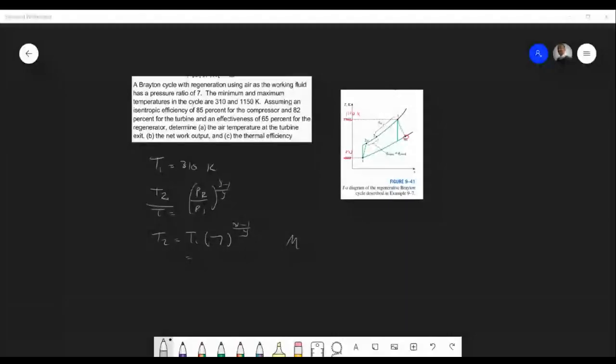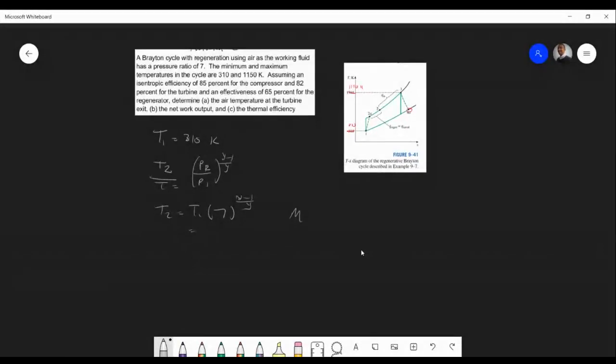Alright, guys, I'm back. Okay, back over here. So your isentropic, what do we call this? Efficiency of the compressor.